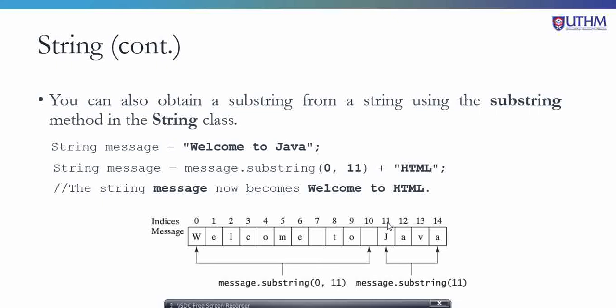It will cut from index 0 until index 11 only. For index 0 we start with W, until 11, J.